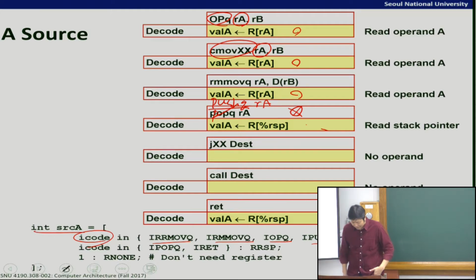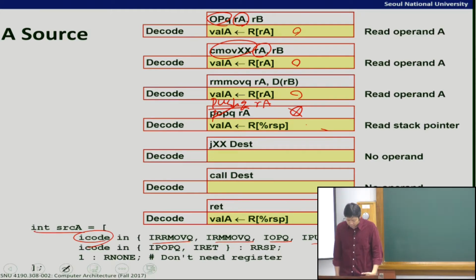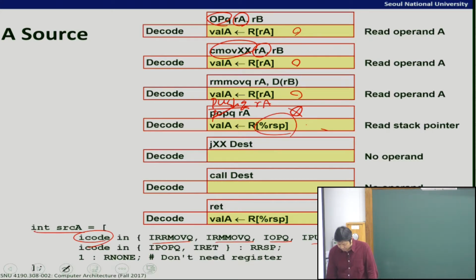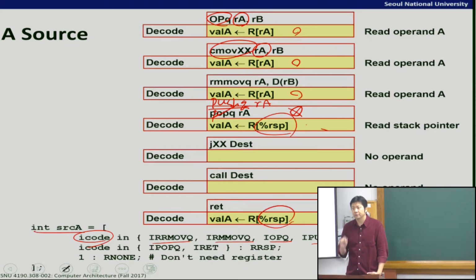And if you have pop Q or return, then you have to read the stack pointer from the first read port. Otherwise, you don't really need to read a register.